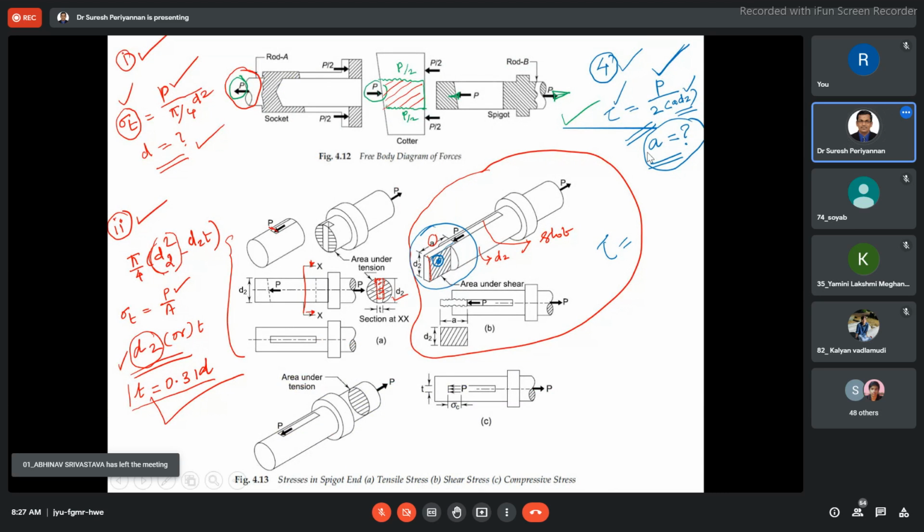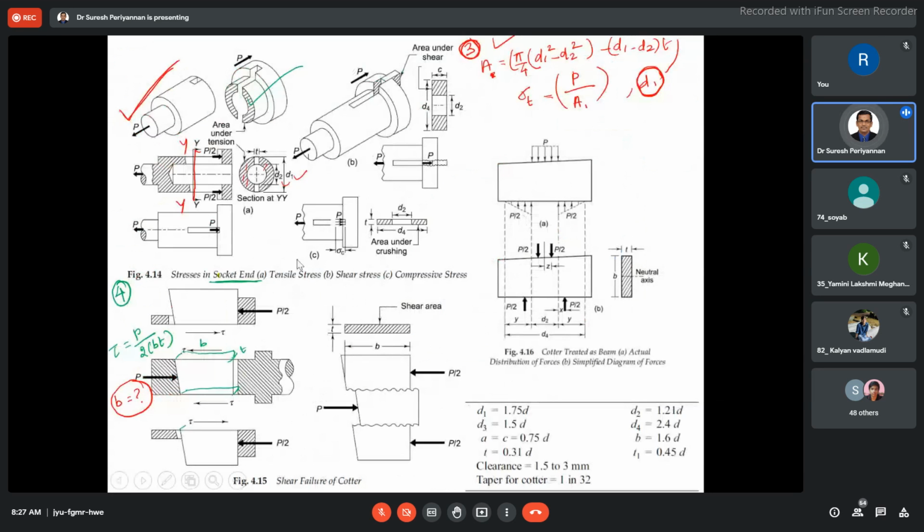Come to the next figure. See here, shear failure. Now, where is the shear failure? When we insert the cotter through this slot, this region is going to have a shear failure.